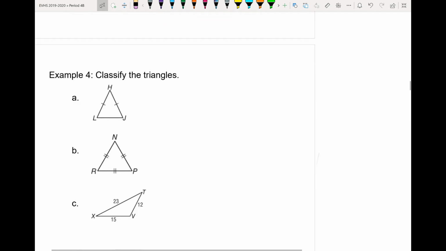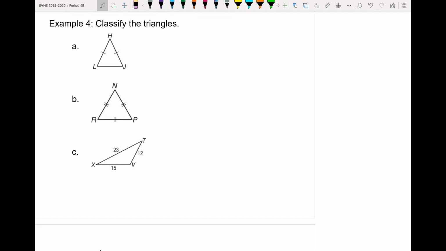So, when I go to classify a triangle, I want to classify it using both a word for sides and a word for angles. So we could have an acute scalene, an obtuse isosceles, an acute isosceles. We've got to use both words. All right, so first off, acute, obtuse, or right? Acute and isosceles.